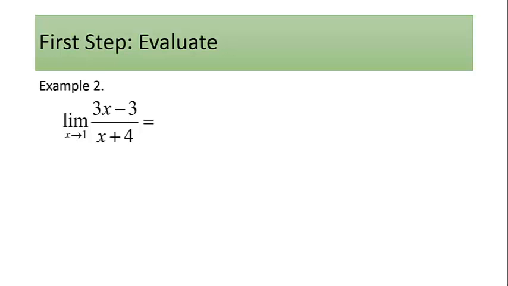Our first step is to evaluate at x equals 1. When we plug in, we get 3 times 1 minus 3 divided by 1 plus 4, or 0 divided by 5, which is just 0. So our answer here is 0.